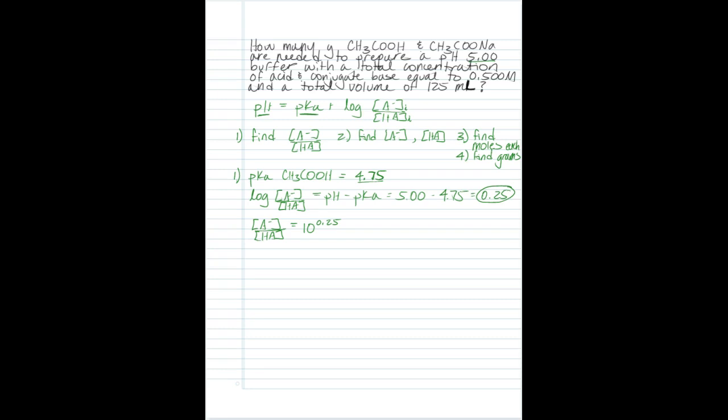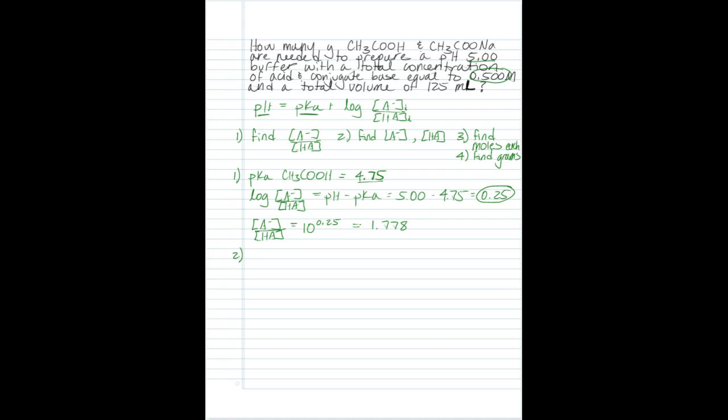So if I plug this into my calculator, I will get 1.778. So now I know the ratio of A minus to HA. So good, I'm making progress. So then how do I find the actual concentrations of my A minus and my HA? Well, I have this other piece of information here that says that the total concentration equals 0.500 molar.